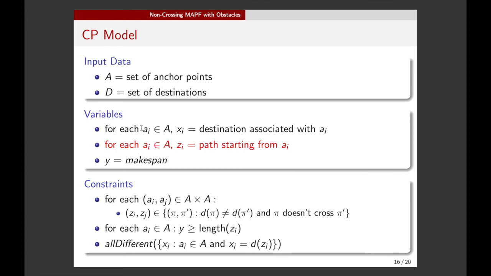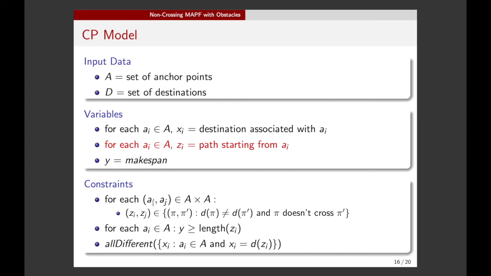We can also construct a CP model to find the optimal solution. Compared to the case without obstacles, we have to consider all the paths between any anchor point and destination. So, in this model, we introduce a new variable Zi, associated with every anchor point Ai, and its domain is the set of all the paths starting from Ai.